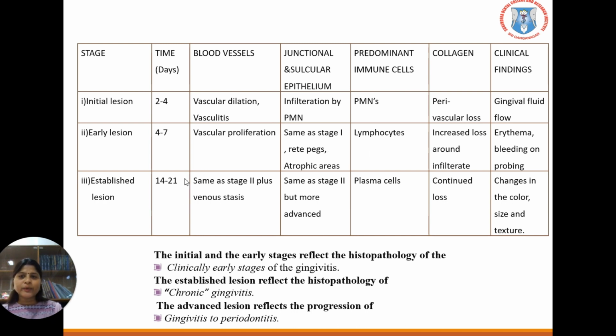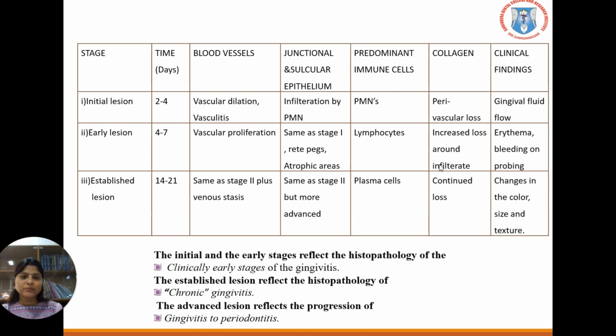After that, within 14 to 21 days, we see the chronic gingivitis stage, that is the established lesion. In this, the changes seen in stage 1 are accentuated with venous stasis. Because of the venous stasis, we see a bluish hue in the gingiva. Changes in the epithelium are those seen in stage 2, but more advanced.